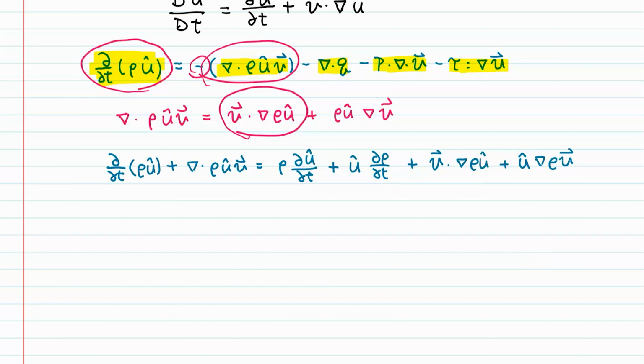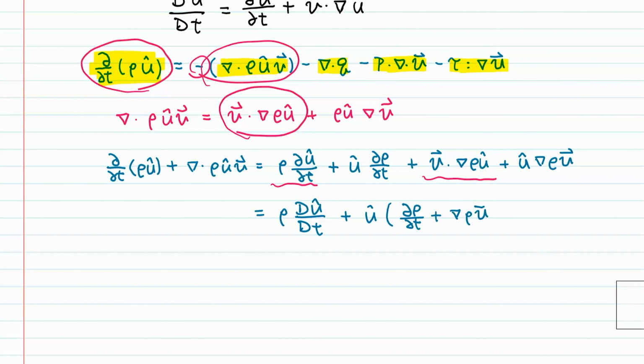If we organize this again, we have rho times the substantial derivative of u, which is the combination of this term and this term. And then we have the other terms grouped together: u times partial rho partial t plus the divergence of rho v.